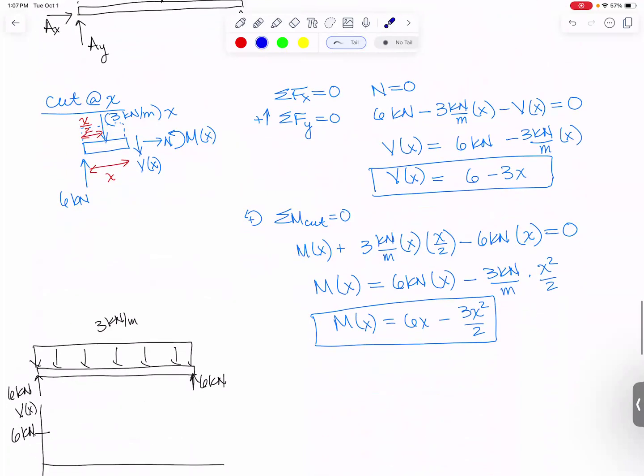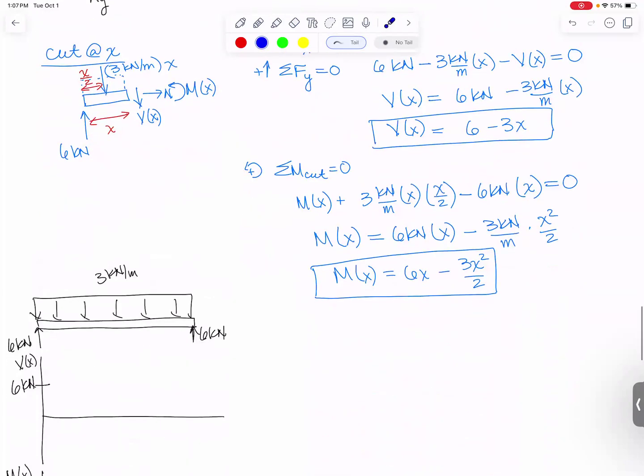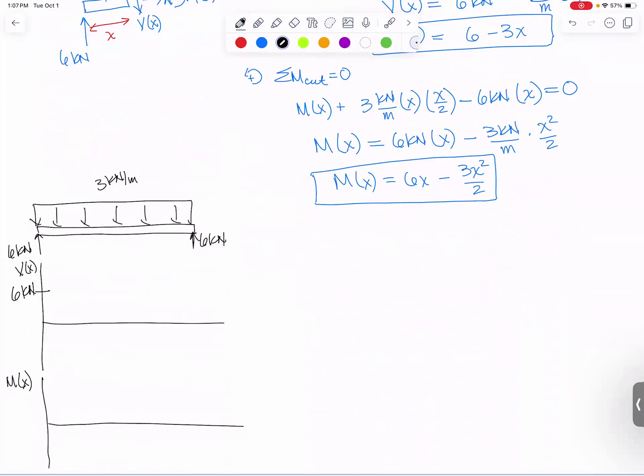So when you plug in X equals 4 meters, you get 6 minus 12. So we're going to end up exactly down at minus 6 kilonewtons at the other end. So that will be our other point. Go between the two and draw a straight line. And we usually bring it back up to 0 at the end and shade it in. So that is my shear force diagram for this beam.